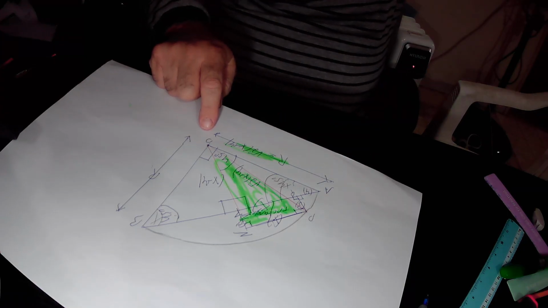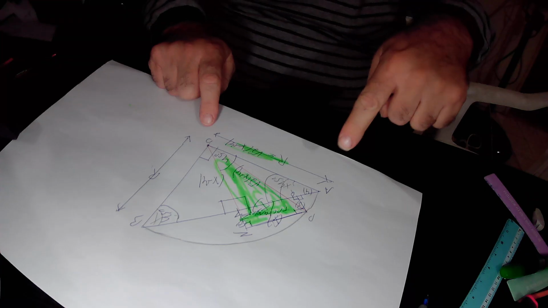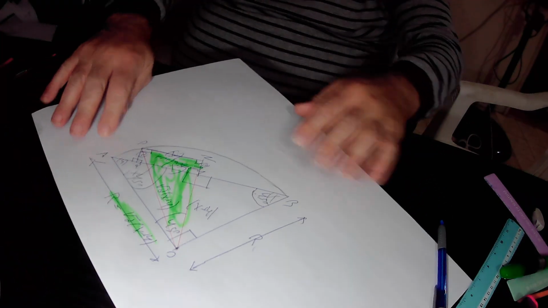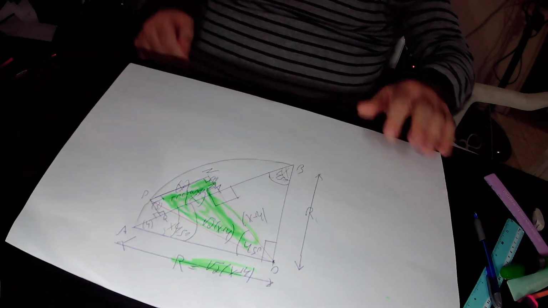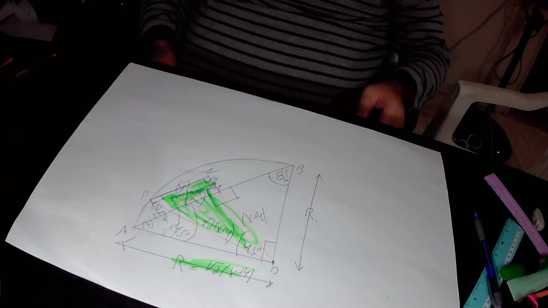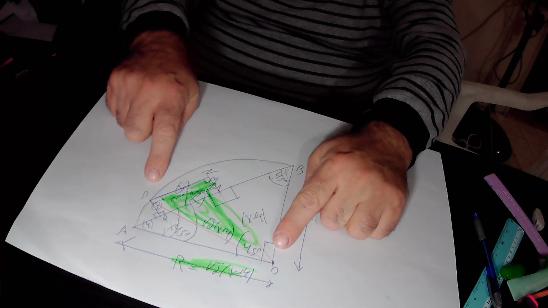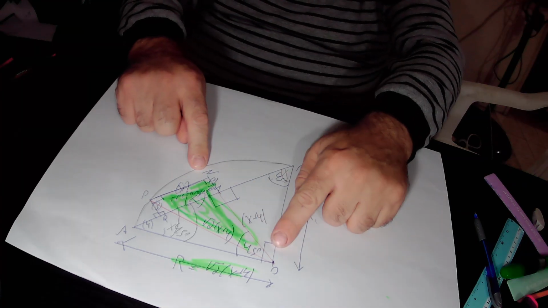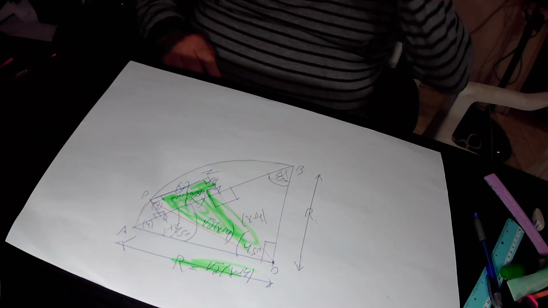In the next step, we apply the Pythagoras theorem on this right triangle PNO.